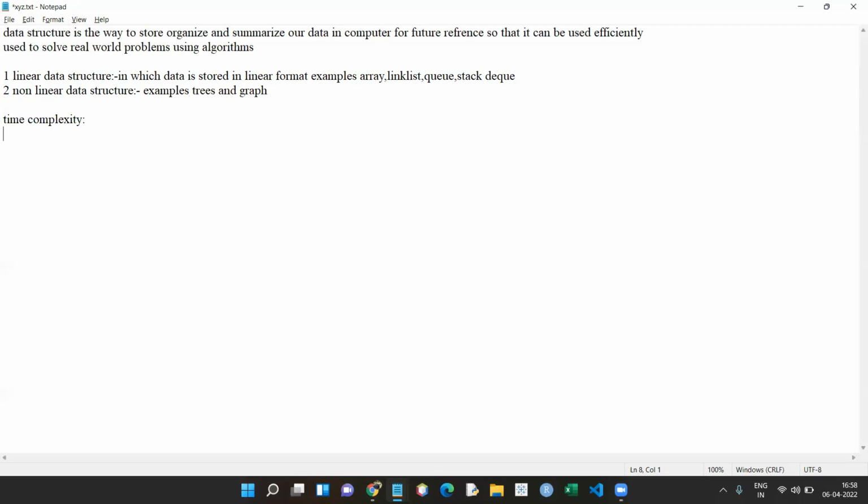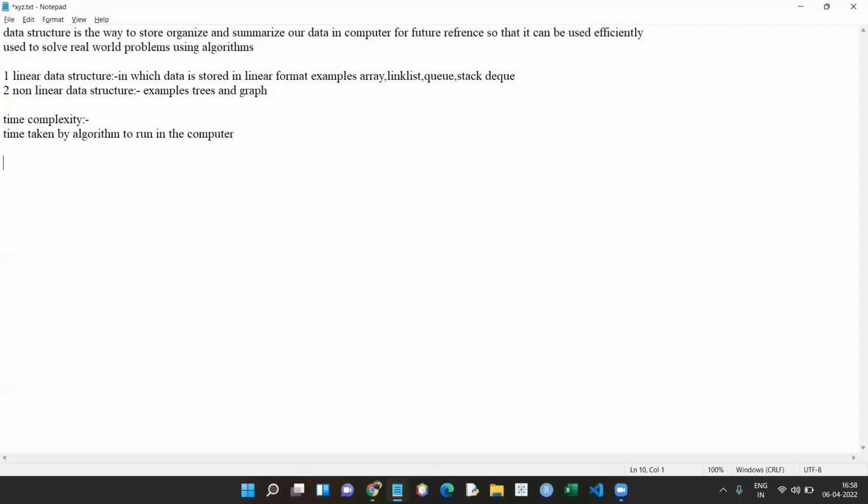So what time is the code taking to run? This is time complexity, the time taken by the algorithm to run in the computer.